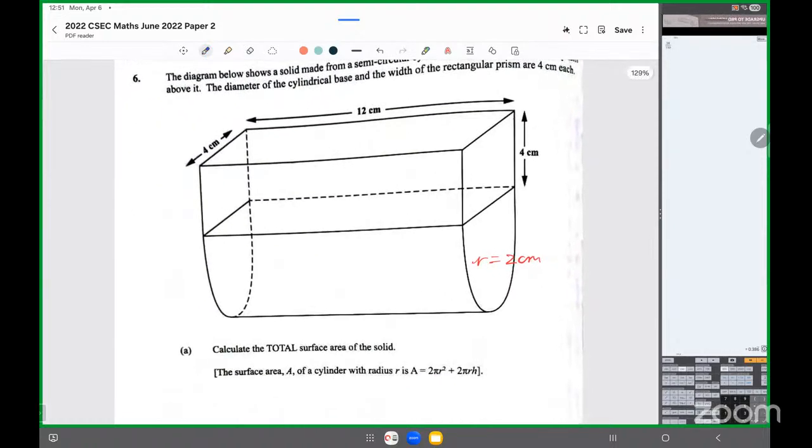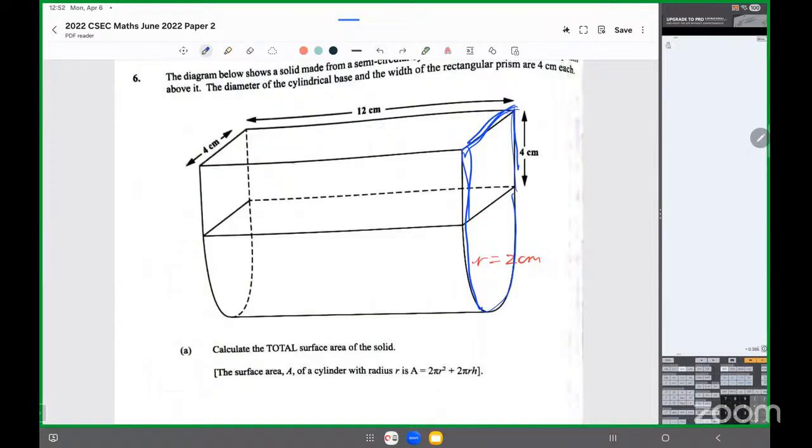It says calculate the total surface area of the solid. We're going to use the formula we learned in class. Total surface area is curved surface area plus the 2 end areas. The curved surface area is the perimeter of the end, the distance around the end right here, times the length.